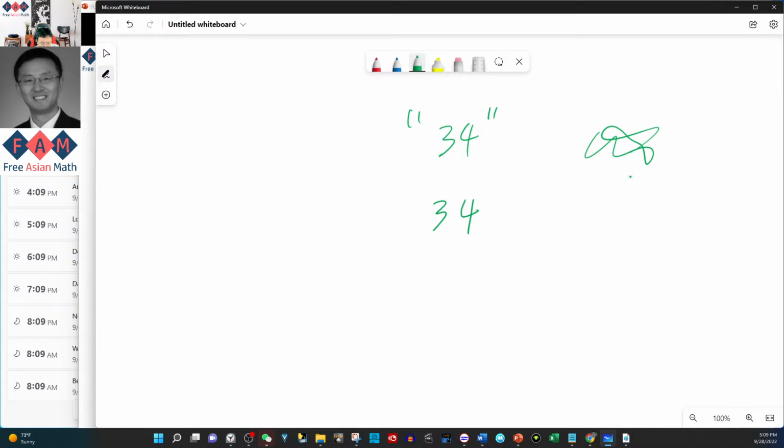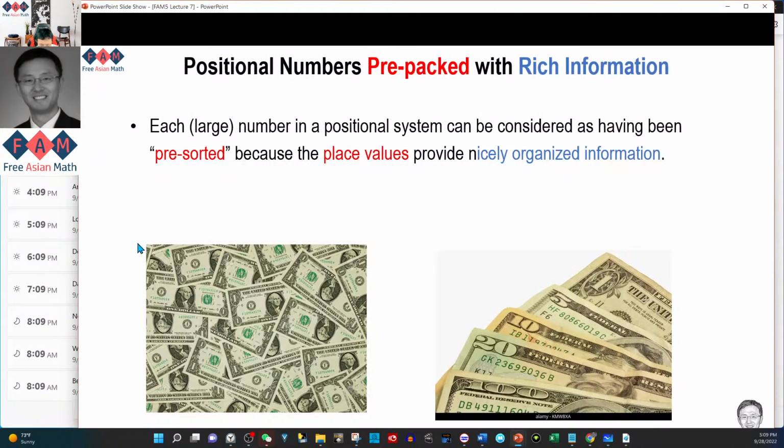Why is this significant? Consider this example. If you have to count a pile of cash, let's just say your mom gave you some cash reward. Well, she did not tell you how much money she actually gave you, just handed you some cash.